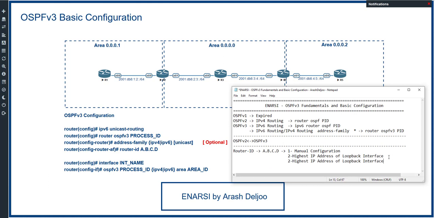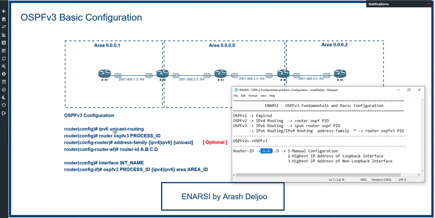As you can see, this is exactly the same as OSPF version 2. You know that it is possible that we don't have any loopback interface or any non-loopback interface with an IPv4 address. Because of that, you should configure the router ID in OSPF version 3. It is recommended to configure the router ID in OSPF version 3, but if you have IPv4, this is not mandatory. Because of that, in most cases, we configure the router ID in OSPFv3 with the command router-id A.B.C.D.